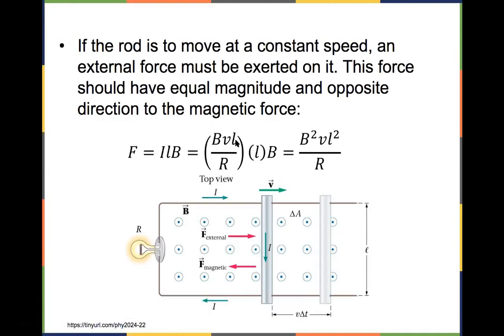BVL is the epsilon, the voltage, divided by R, so that's I. Then at the end, the magnetic force on the rod is going to be equal to B squared, because there are two B's, there are two L's, and there's one small v, so B squared v L squared, where small v stands for the velocity, and then divided by R. So this will be the magnetic force on the rod. Now to keep the rod moving with a constant velocity v, the external force exerted should have the same magnitude and the opposite direction. So this force should also have that magnitude.